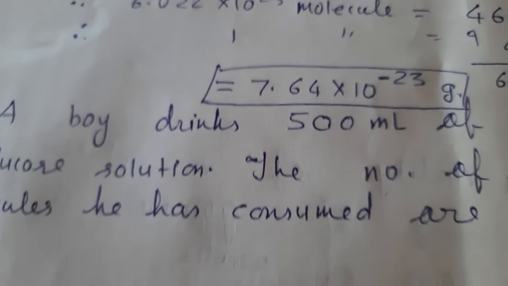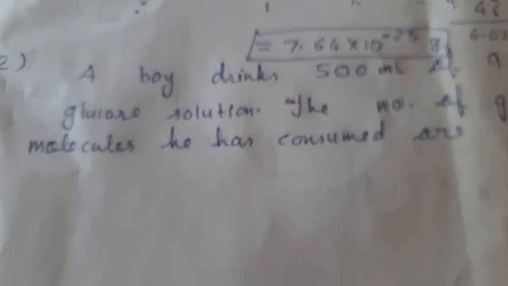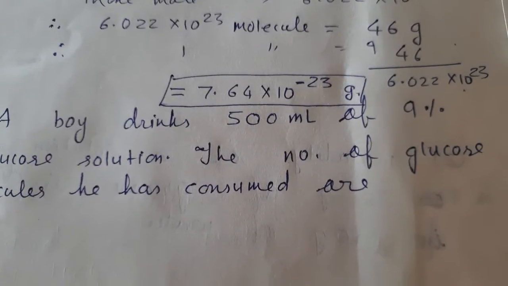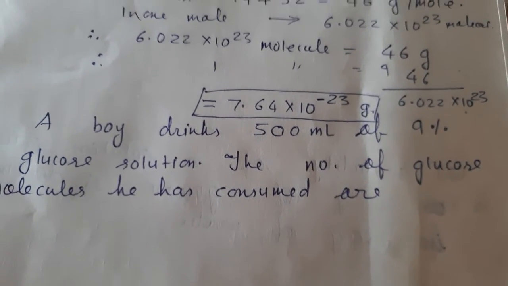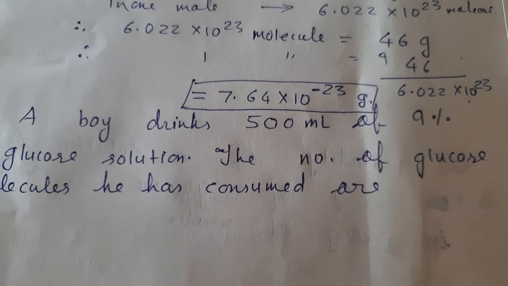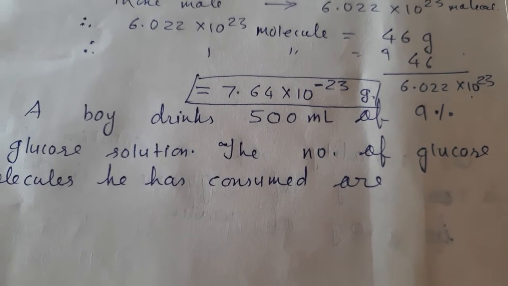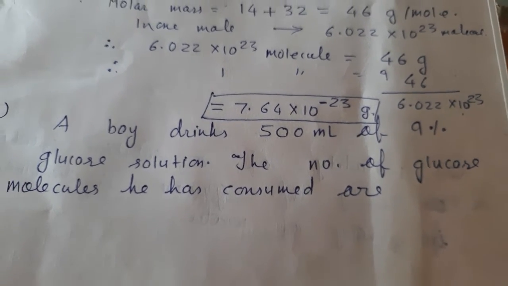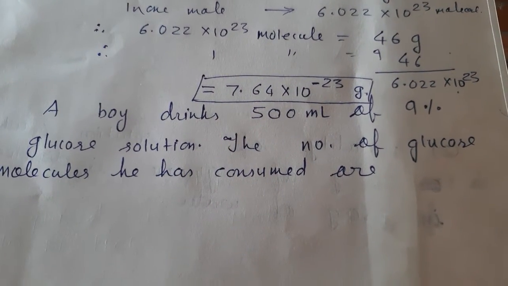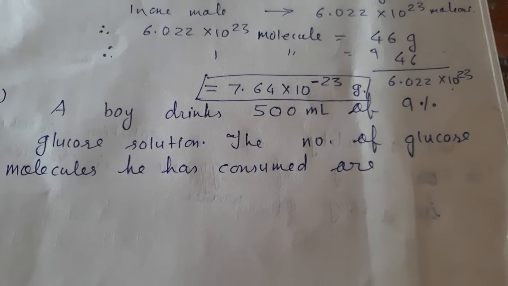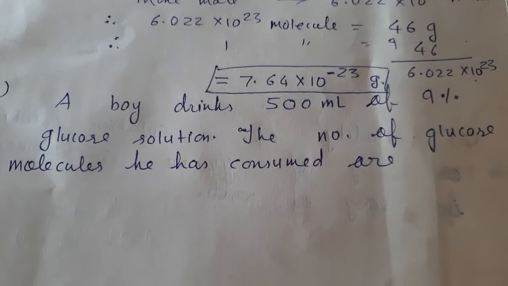Second question is, one boy drinks 500 ml of 9% glucose solution. 9%, you understood, beta? 9% means if we talk about 100 gram, so 9 gram glucose and the rest is water. The number of glucose molecules he has consumed are, so we have to calculate the number of glucose molecules. Let us see how we will calculate.